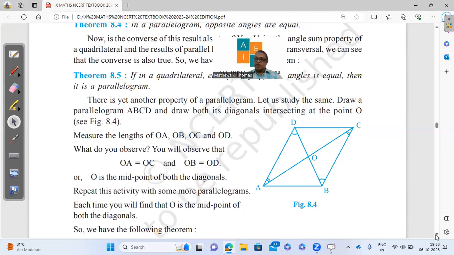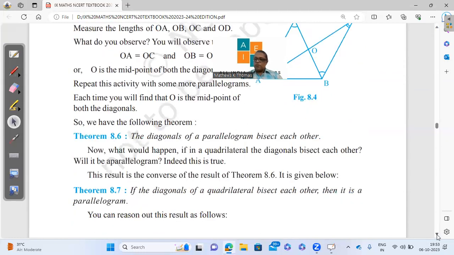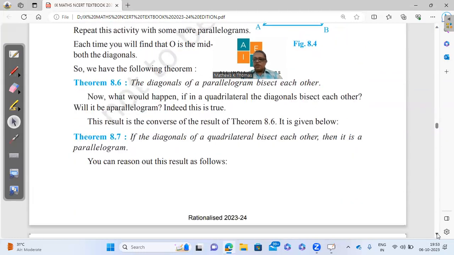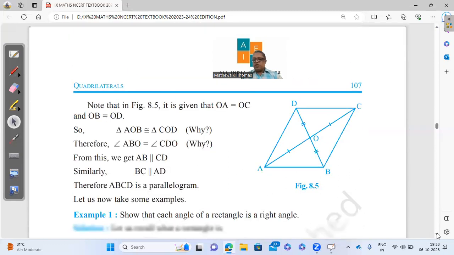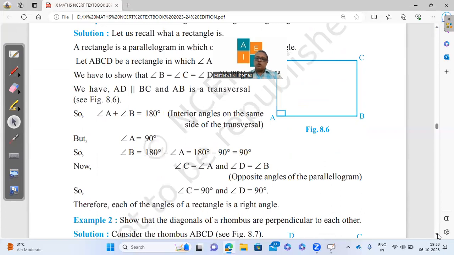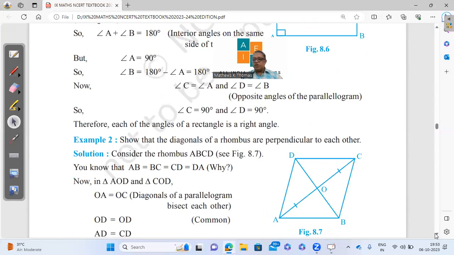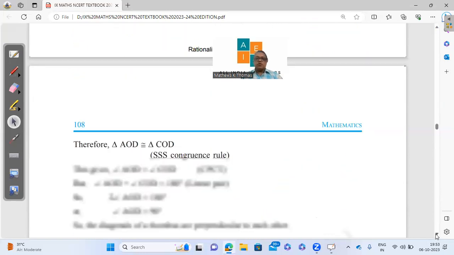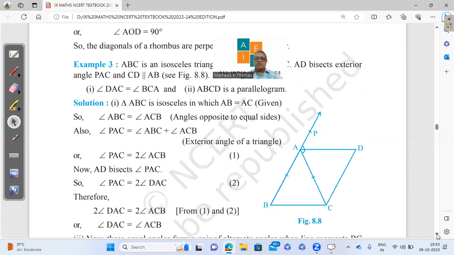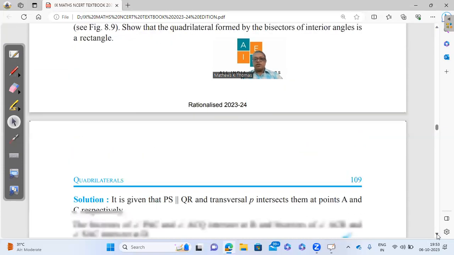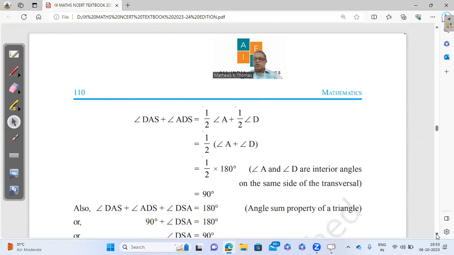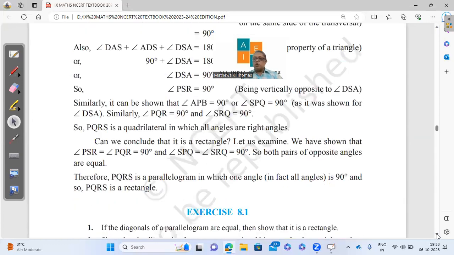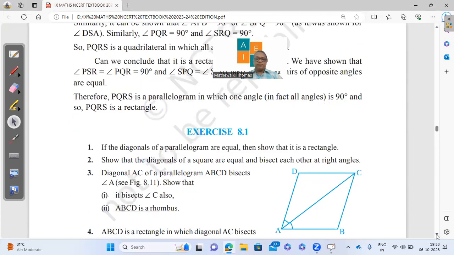In a parallelogram, the diagonal divides it into two congruent triangles, right? So with the help of the properties and the congruency conditions that you have learned, you will be able to solve the first exercise. The first exercise is simply based on the properties of the quadrilateral, which you have done in class 8. And it is also based on the congruency, which you have learned this year.